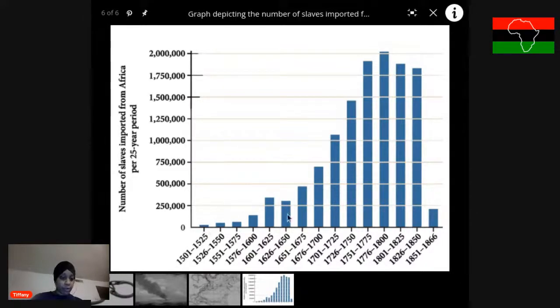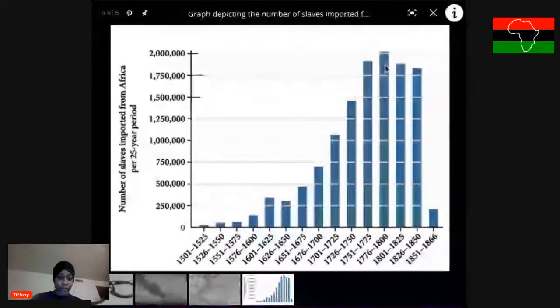The numbers didn't start growing until about 1576 to 1600. And again, the largest increase was 1776 and 1800. That was the largest increase of the slaves. Okay. Then the second largest increase was 1751 to 1775. Right.